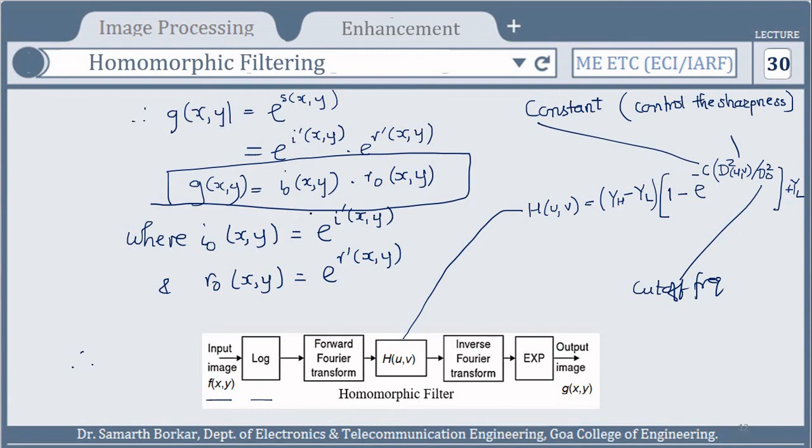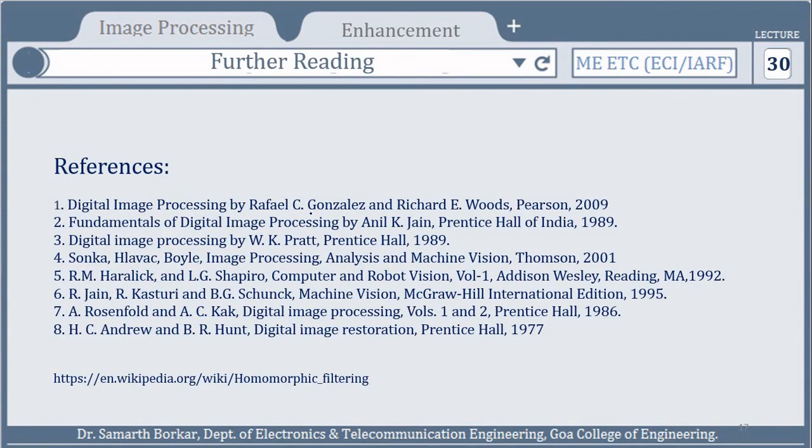In brief, any image is composed of two components, illumination and reflectance. Illumination is associated with the low frequency component, and reflectance is associated with the high frequency components. So basically we are playing with the low frequency and high frequency components here using a filter H of u, v. With that we have come to an end of this lecture.